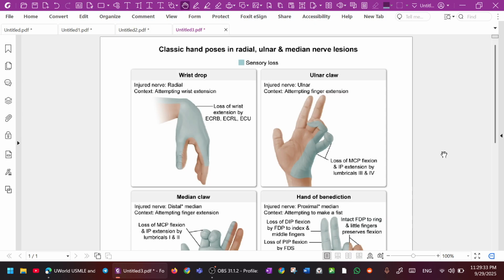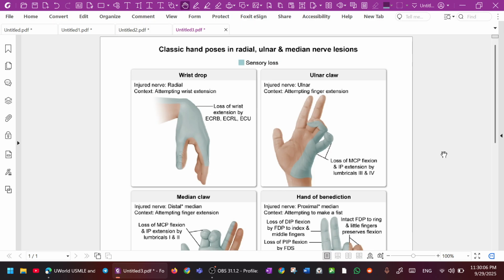And the ulnar claw. Injured nerve is ulnar, attempting finger extension, loss of MCP flexion and IP extension by the lumbricals, third and fourth.